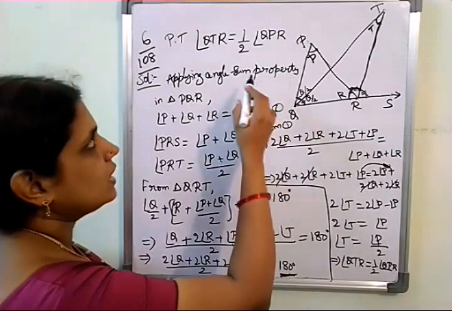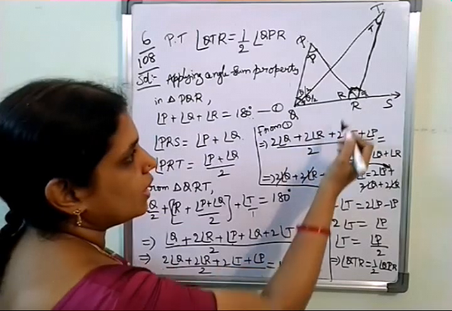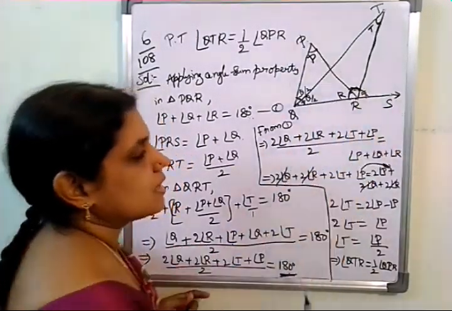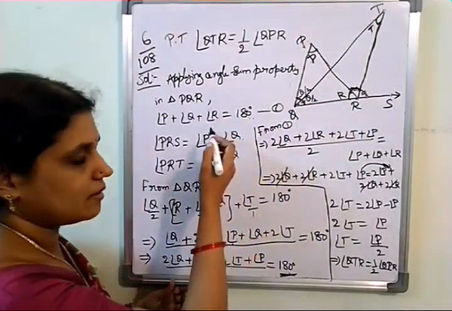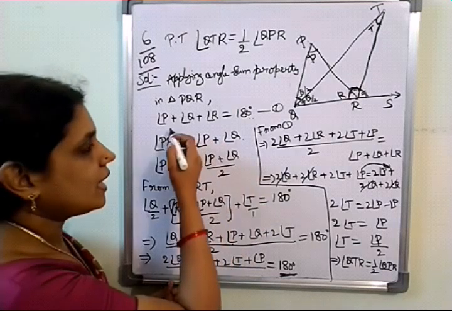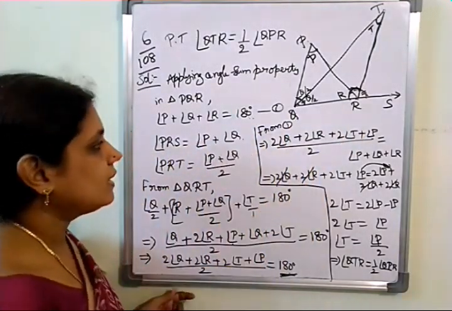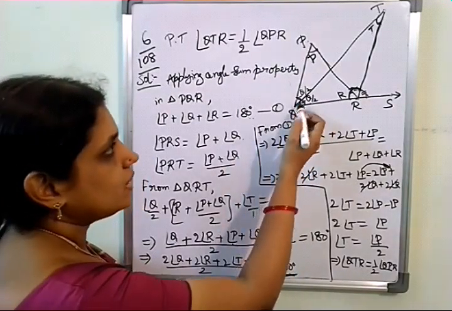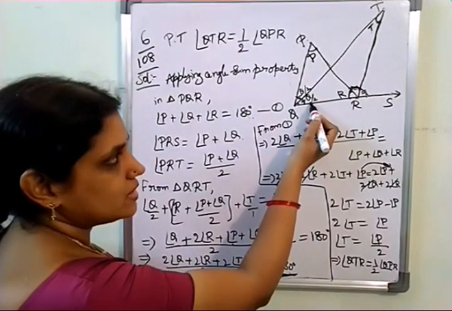Here it is given that QT is the bisector of angle PQR and RT is the bisector of angle PRS. So for that, first we took triangle PQR and applied the angle sum property. Then angle P plus angle Q plus angle R equal to 180 degrees we got. Next, using the bisector concept, here angle PQT, this one is Q by 2 and this one is also Q by 2.